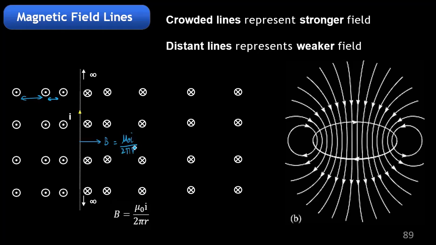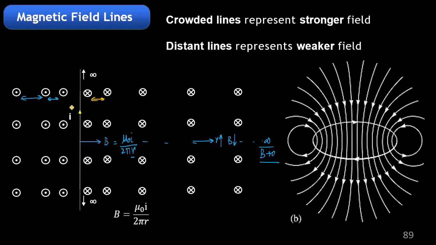So as I am moving away from the wire, the field strength is decreasing. By increasing the value of r, B is decreasing, and once I reach infinite r, B tends to 0. But once I am moving toward the wire, gradually the B value will increase, and the separation is decreasing.